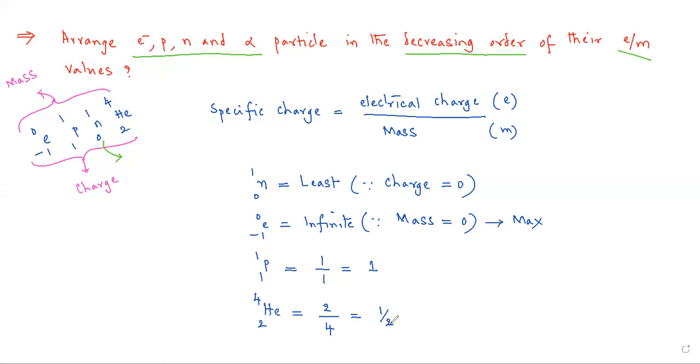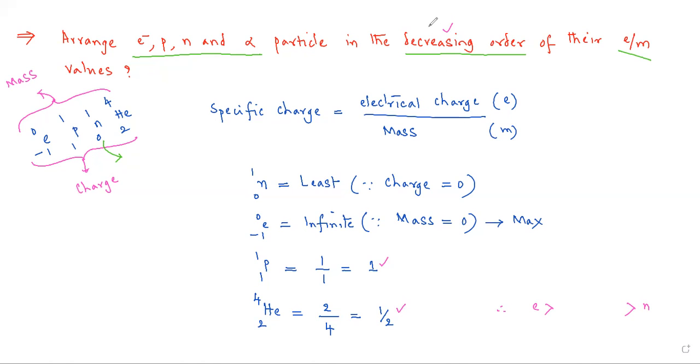Okay. Now arrange them in a proper order. See, they have asked the decreasing order. So write the one that is with maximum E by M first. Electron has maximum E by M. Of course, neutron has minimum. Now within proton and alpha, E by M of proton is 1, whereas that of alpha is half.